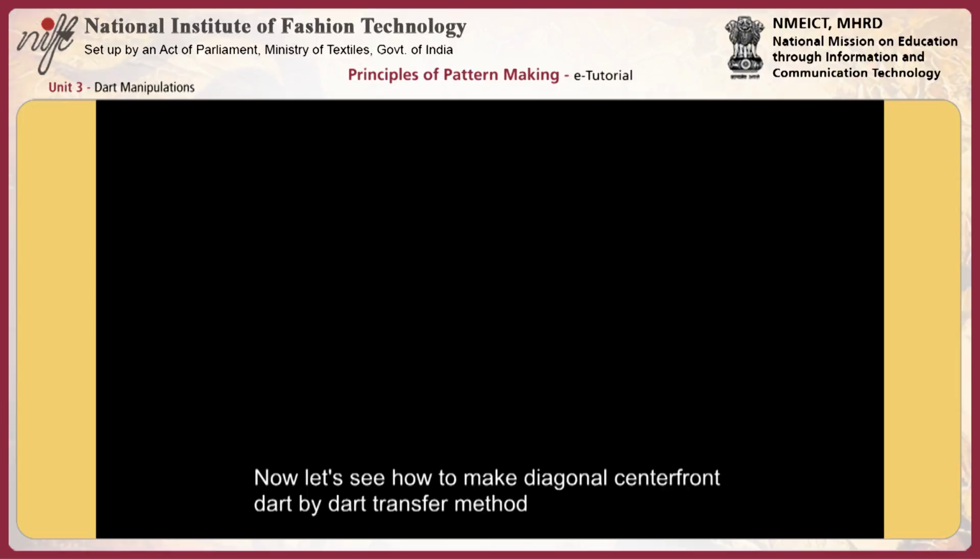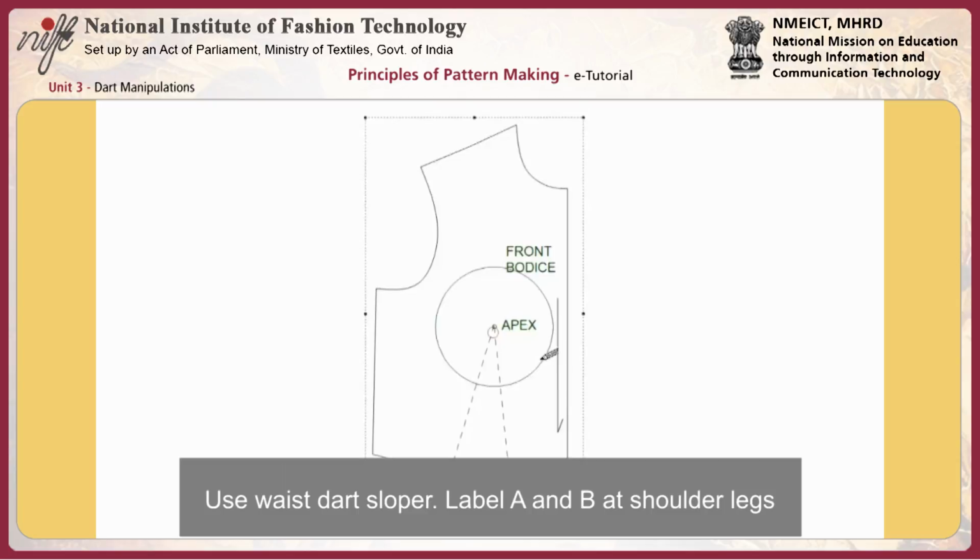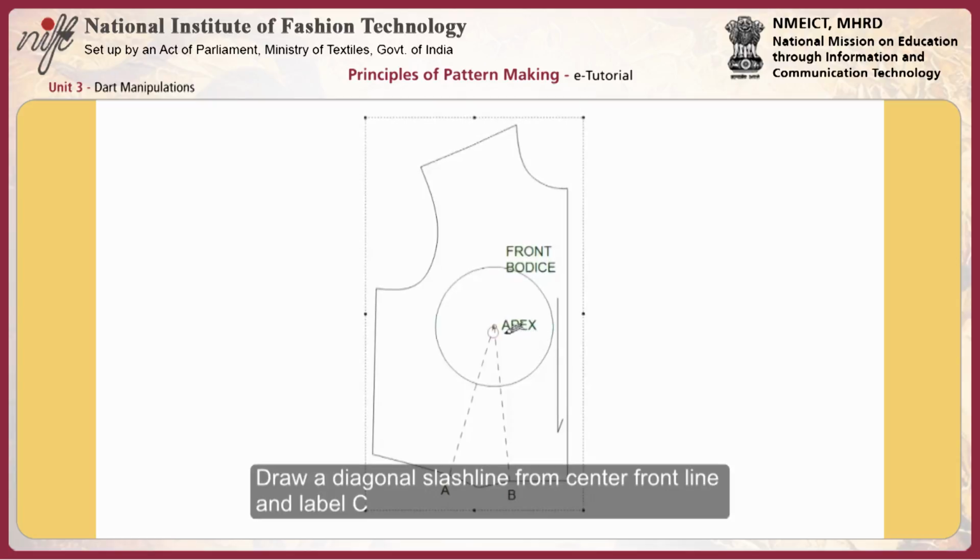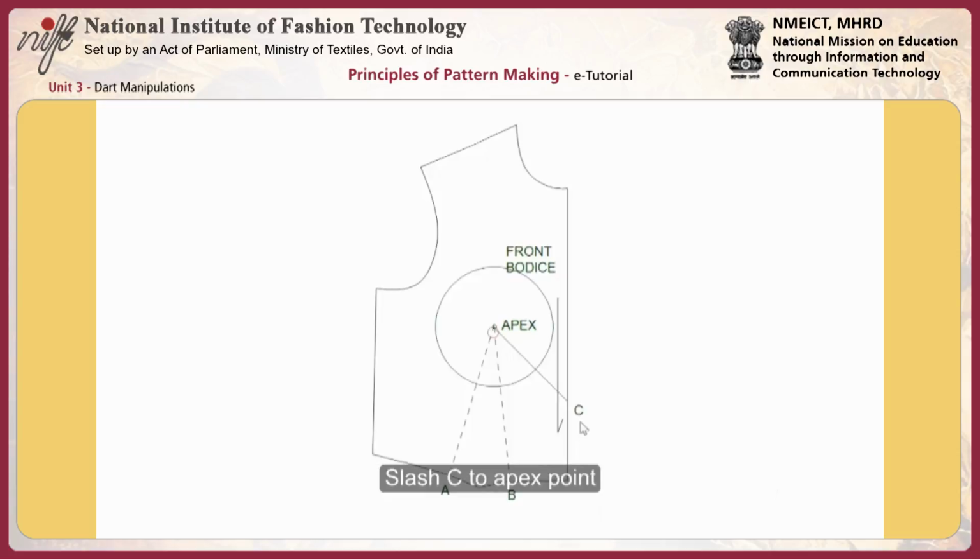Now let's see how to make diagonal center front dart by dart transfer method. Use waist dart sloper, label A and B at the waist dart legs, draw a diagonal slash line from center front line and label C. Slash C to apex point.